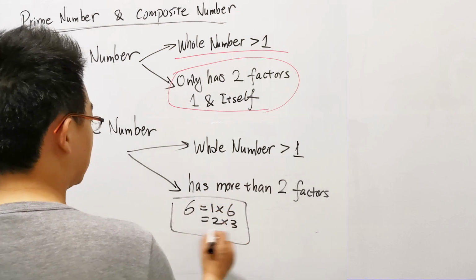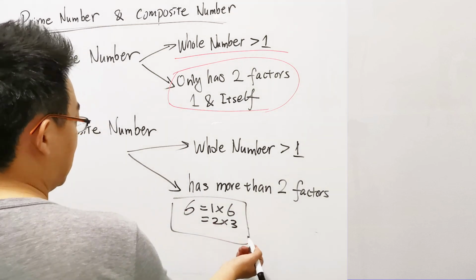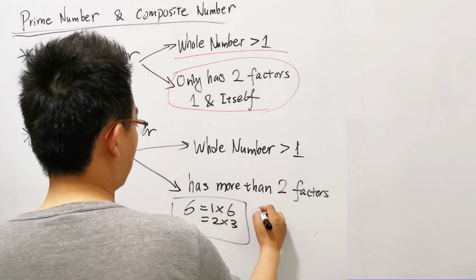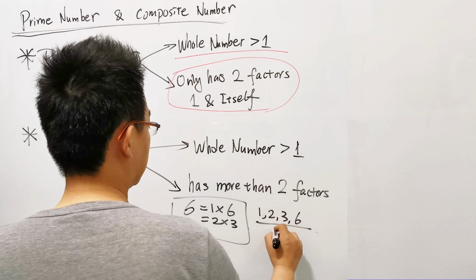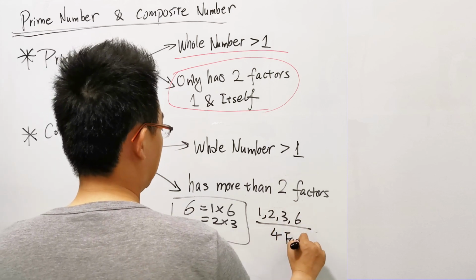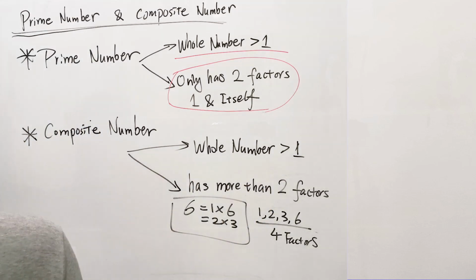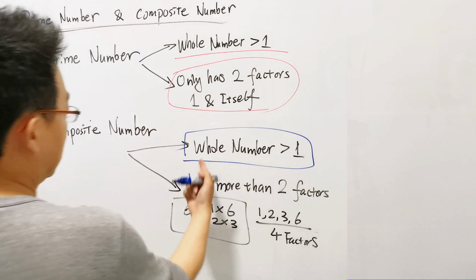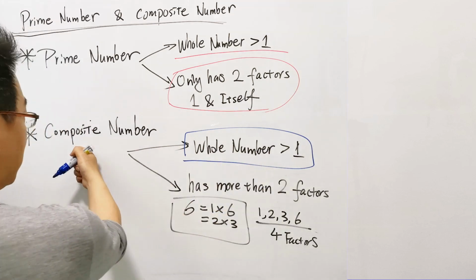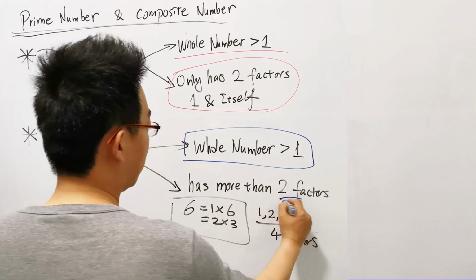So how many factors does 6 have? It has 1, 2, 3, and 6, so 4 factors. And importantly, it is a whole number. So the number 6 is a whole number. A composite number is a whole number greater than 1 and has more than 2 factors.